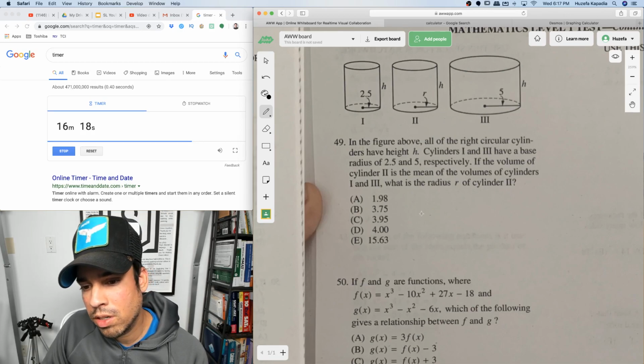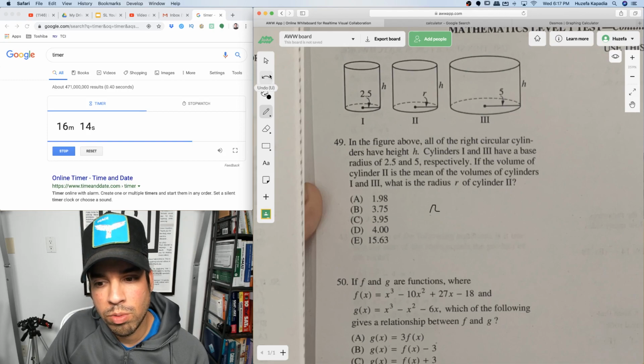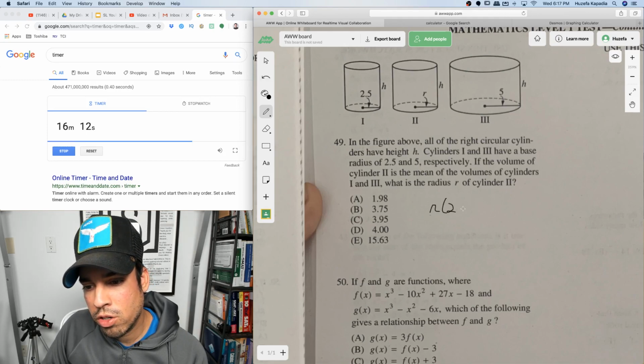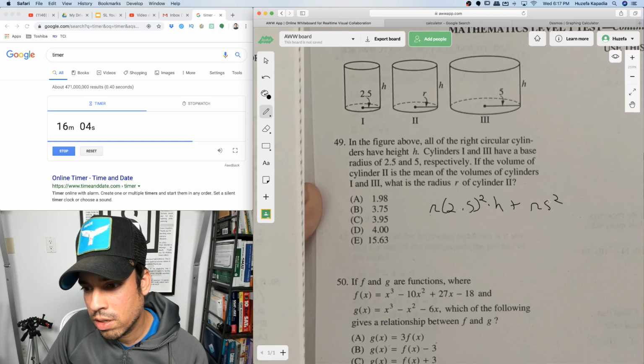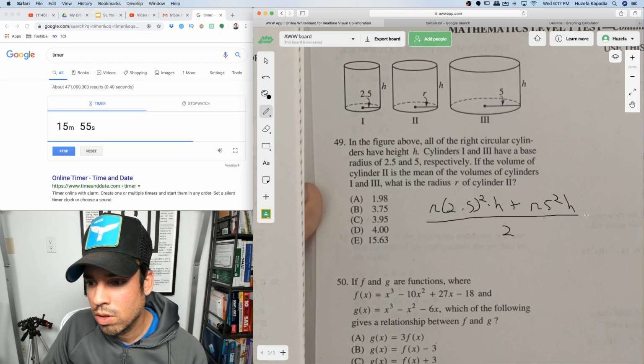This volume here is pi 2.5 squared, it's pi r squared times h, plus this one, pi 5 squared h. So if we add those two and we take the mean of those, aka divide the 2 by 2, we get this one, pi r squared h.